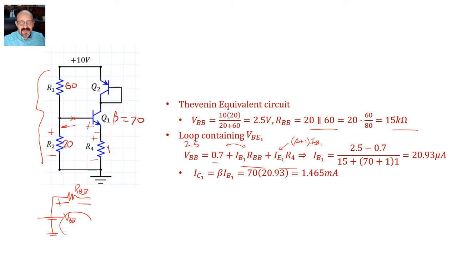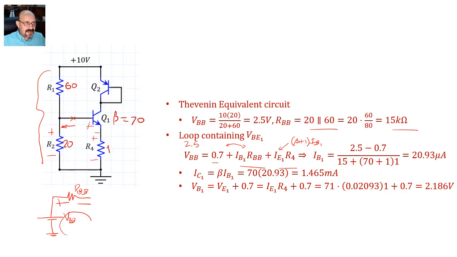The current on the collector is beta times the current on the base, 1.465. The voltage on the base, this voltage V1, is equal to the voltage on the emitter plus 0.7, because there is 0.7 from base to emitter.